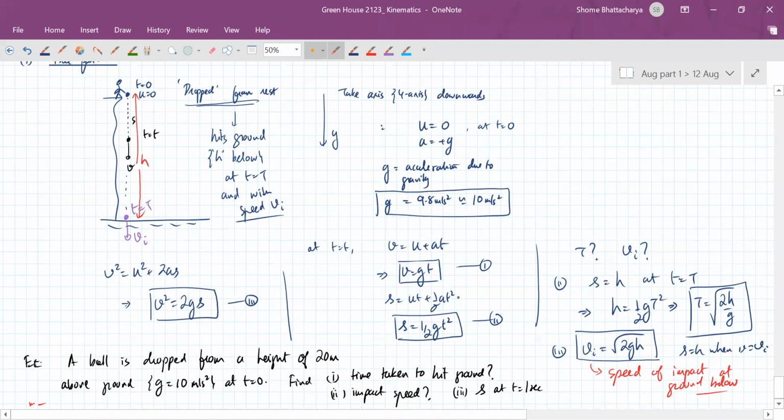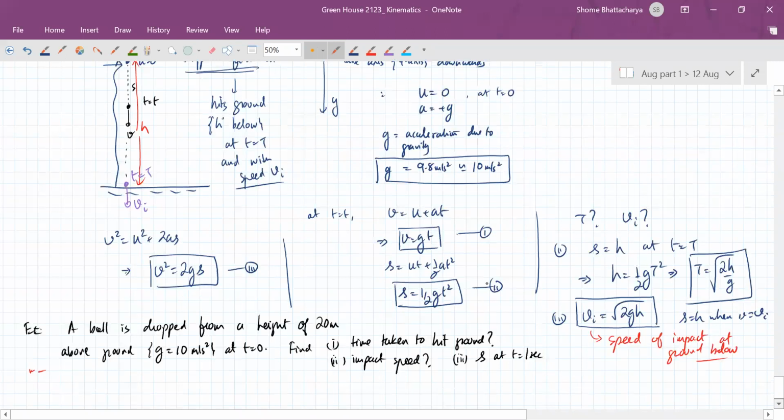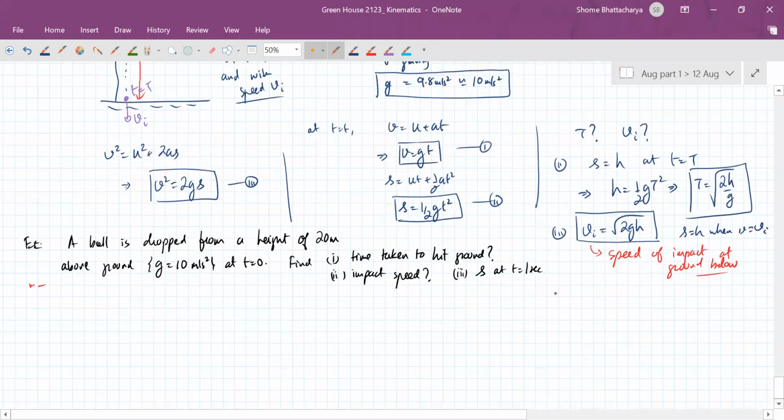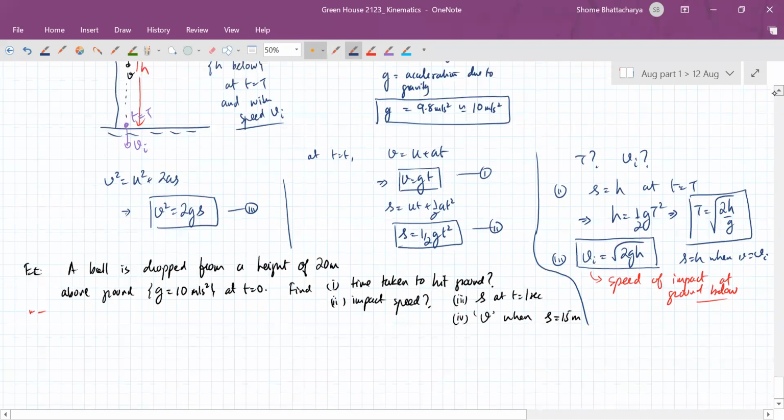And we have to also find the velocity when s is equal to 15 meters. What is the velocity at the instant when the displacement is 15 meters?